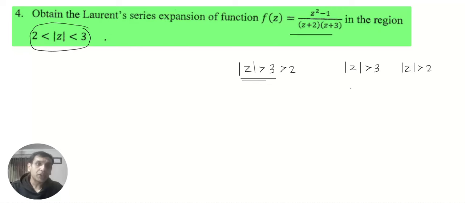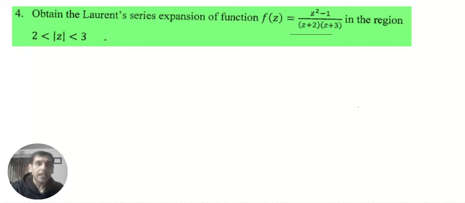And from here you have to write 3 is less than mod z, 2 is less than mod z. And then you'll write 3 by mod z is less than 1, 2 by mod z is less than 1. So my point is, let it be any annular region, you have to convert it into the numbers given in the denominator.